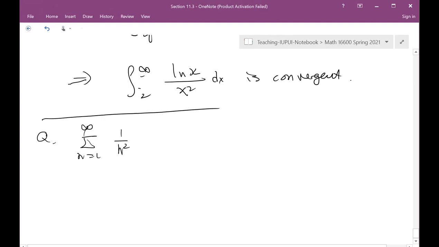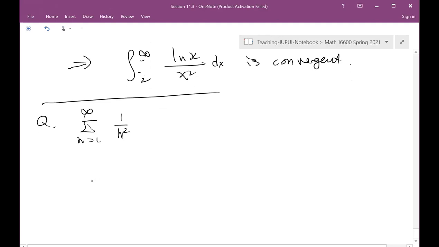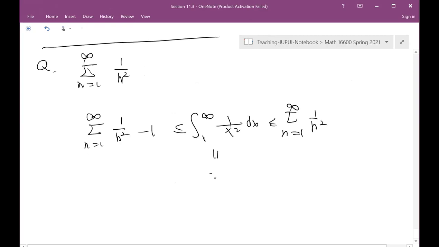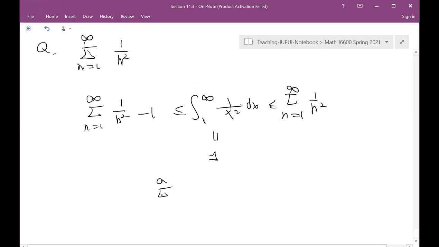So the integral from 1 to infinity of 1 over x squared dx, I think this is going to be 1. Do you agree? x to the negative 1, yeah, that's going to be 1. So in other words, this sum is greater than or equal to 1.